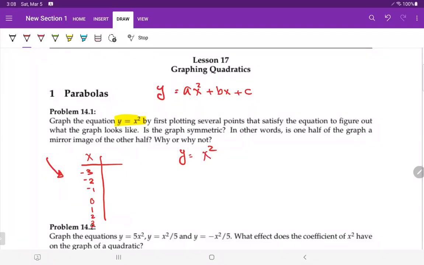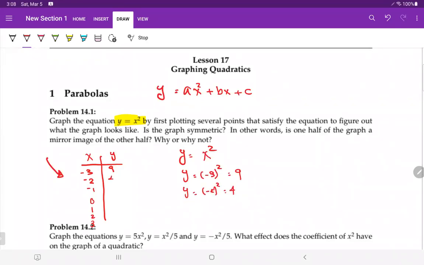After that, we are going to see what is the value of y that corresponds with each of these values. So this is y here. Now, the first value, when x is -3, what is y? It's 9. If x is -2, what is y?